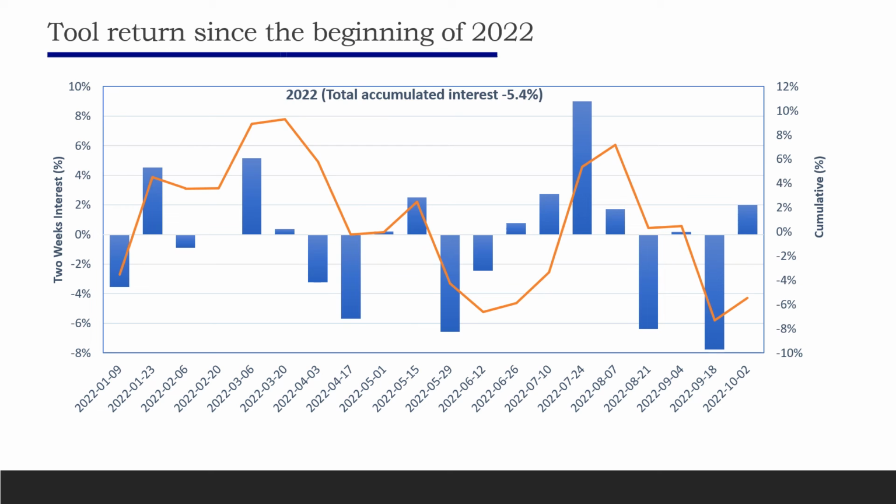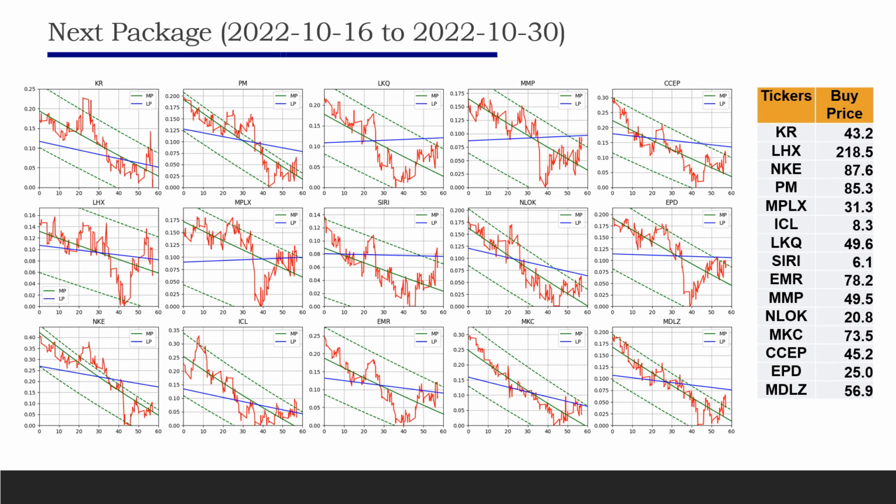And now let's go to the interesting part, which is introducing the new package. Okay, this is the package that has been selected through this technical analysis for a period again of 2 weeks, and these are the tickers of these 15 stocks, and these are the buying prices, which are again the price at the market close on Friday.